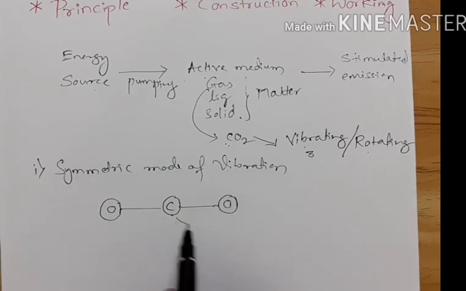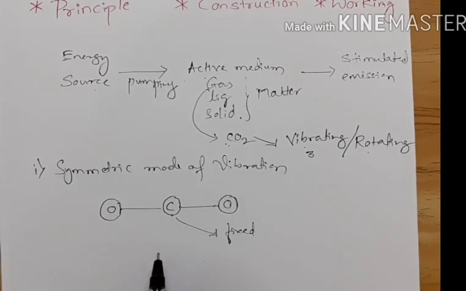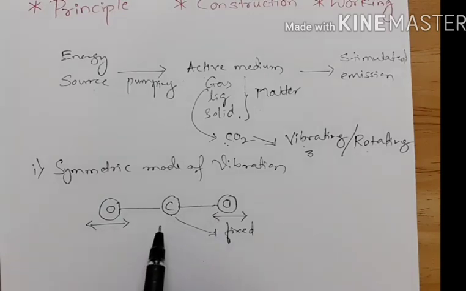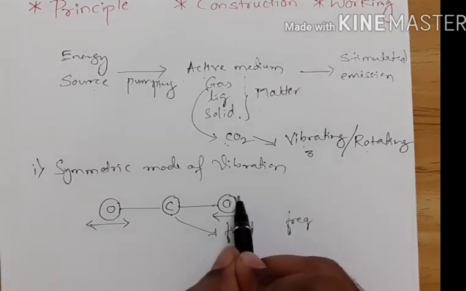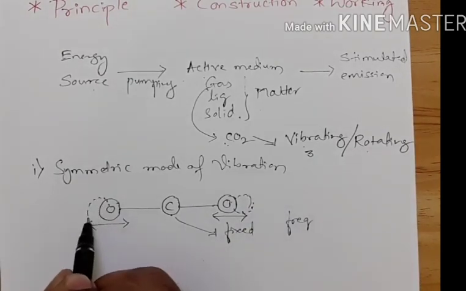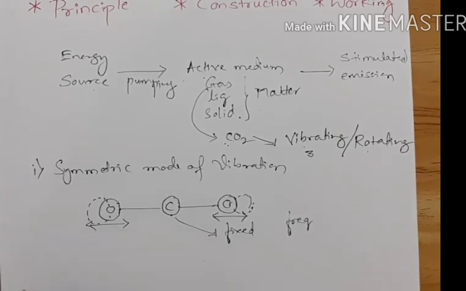The carbon atom's position is fixed, whereas the oxygen atoms start vibrating: this one goes away from the carbon and comes back, and the other atom also goes away from the carbon and comes back, in the horizontal direction. Going out symmetrically and coming in symmetrically is called the symmetric mode of vibration of carbon dioxide, and it corresponds to a frequency called the symmetric stretching frequency, or symmetric vibrational frequency. This is the first one.